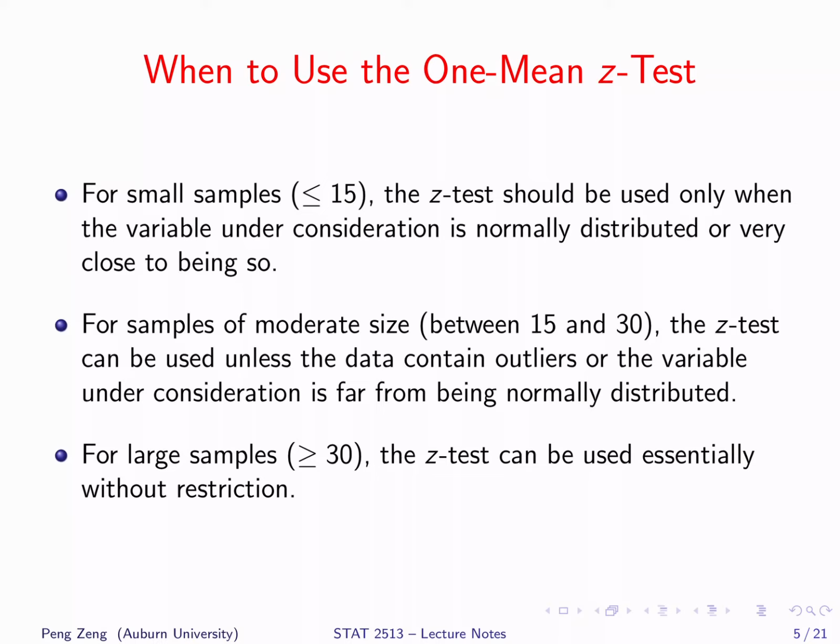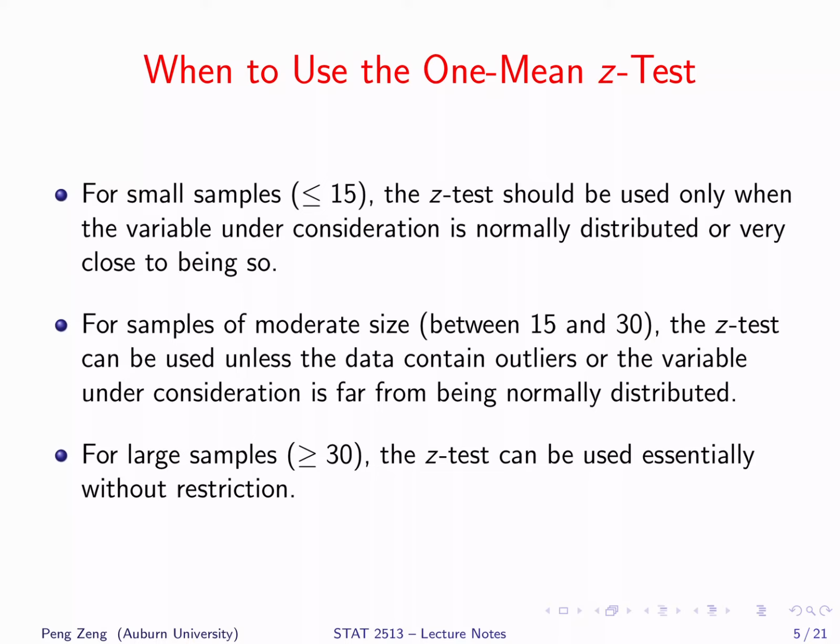We can check the normality assumption using a normal probability plot. When the sample size is moderate, between 15 and 30, the z-test can be used unless the data contain outliers or the variable under consideration is far from being normally distributed.